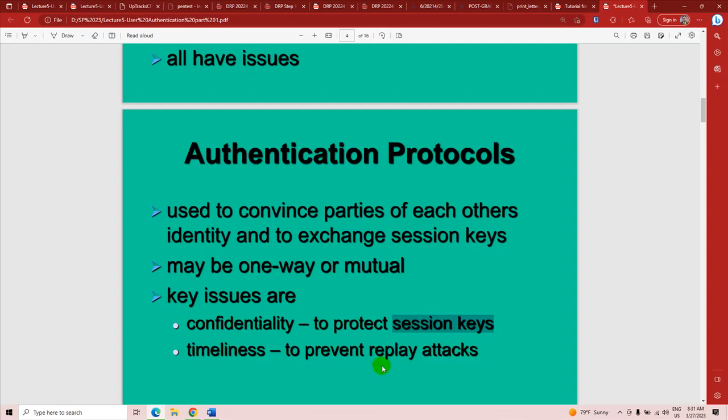Based on that you can detect and discard, reject the message. So thereby you can prevent the replay attack.